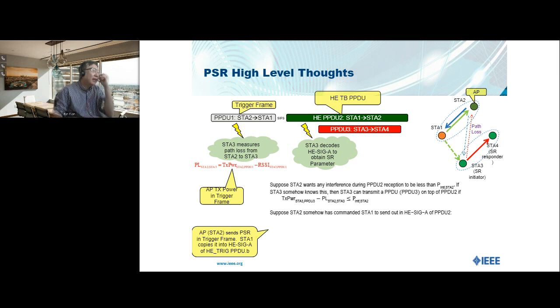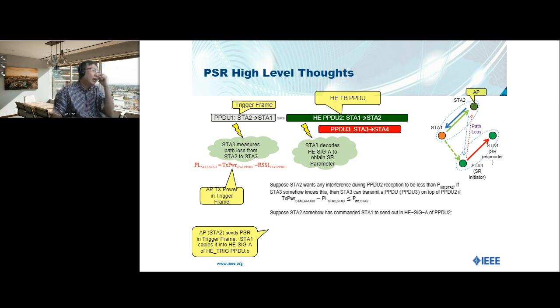Then station 3, which is in another OBSS, will try to measure the path loss from station 2 to itself. How to measure path loss? Remember, the trigger frame carries the TX power used for the PPDU1 by the station 2 AP.